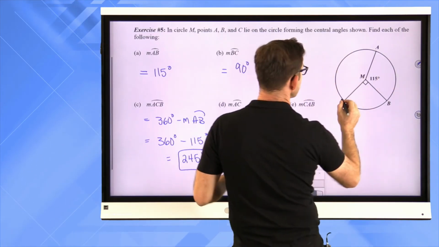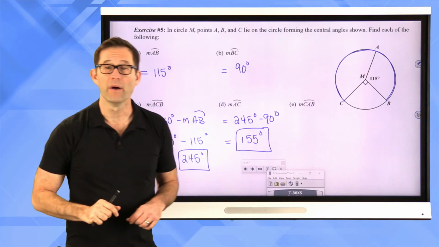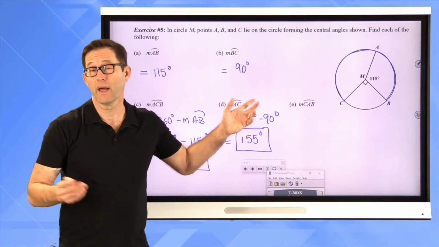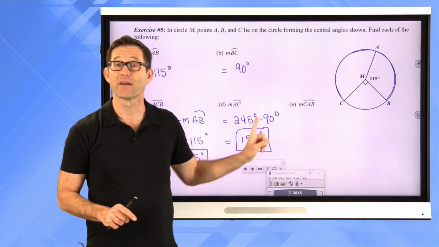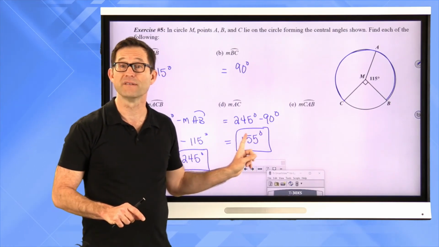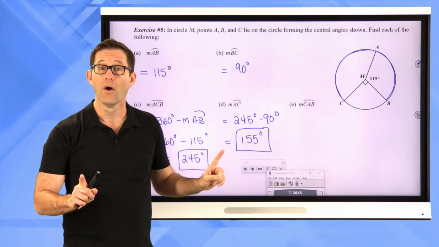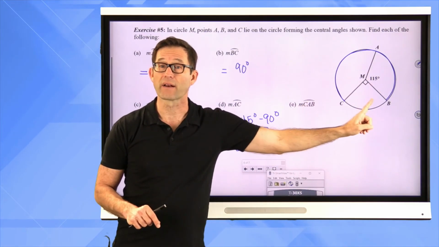The measure of arc CAB, again, this is now a major arc, right? That one. Well, that one we can actually do as a sum, or I can do it as a subtraction again. So for CAB, I could either take the answer I just got for AC and add it to 115, that would work just fine, or I could take 360 and subtract off the 90.